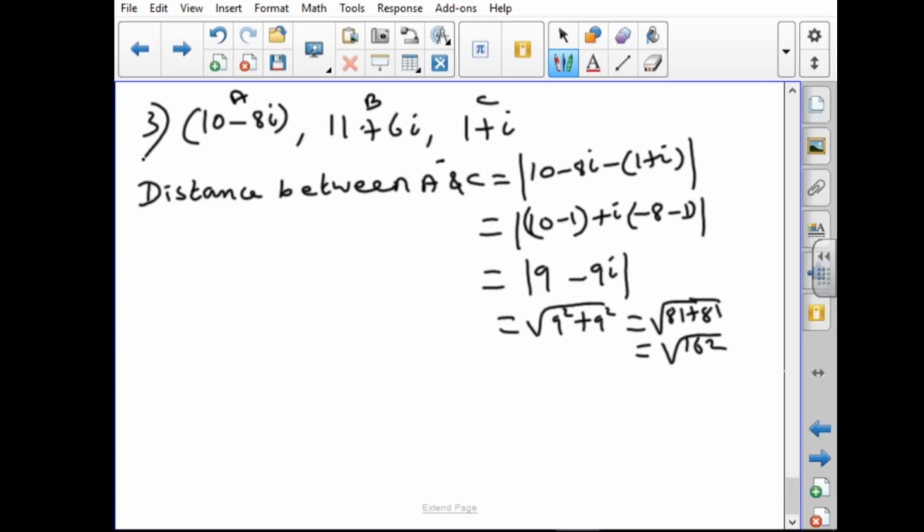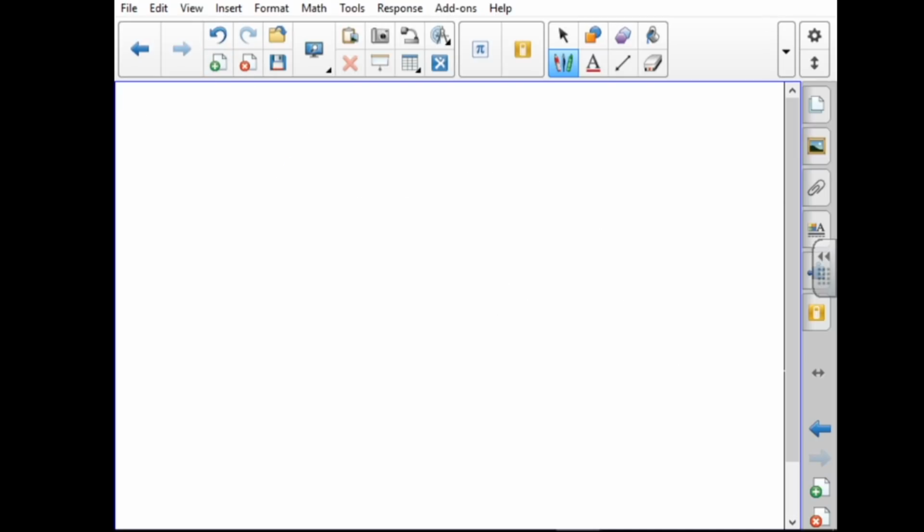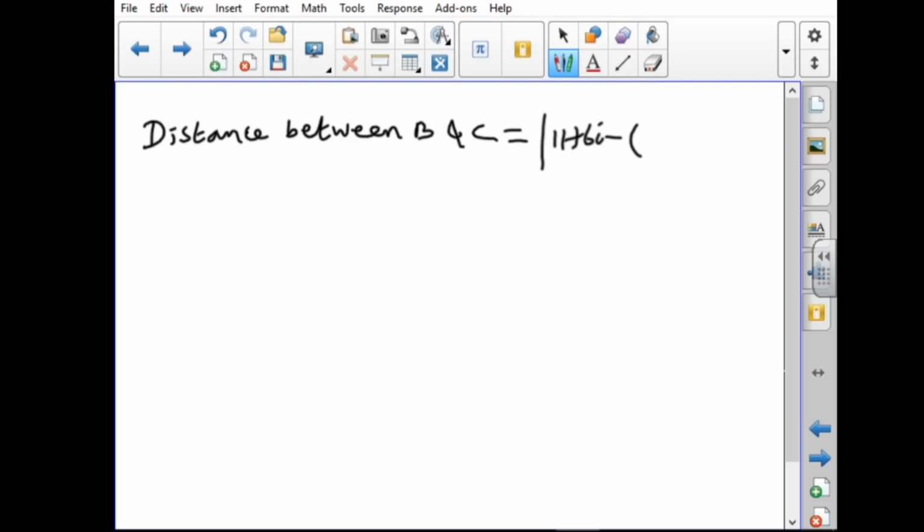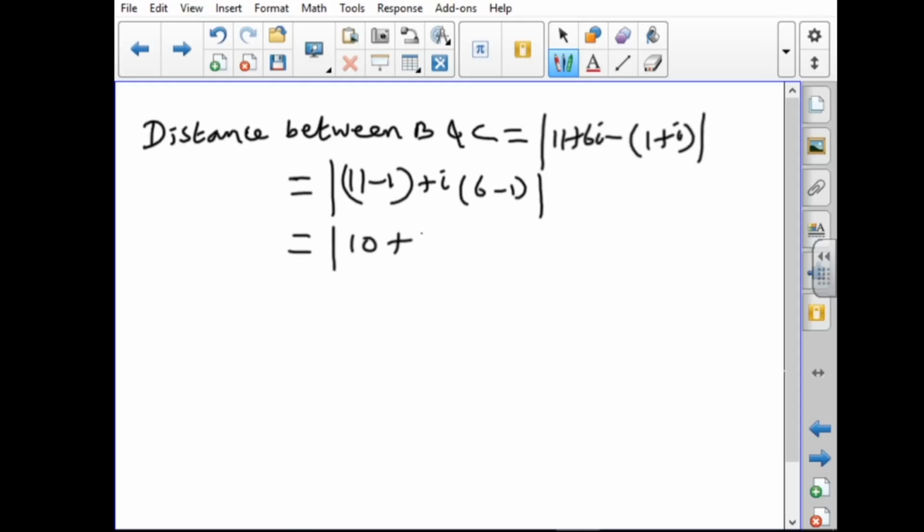Similarly, we have to find the distance between B and C. So distance between B and C is equal to modulus of 11 plus 6i minus (1 plus i). So it is equal to modulus of (11 minus 1) plus i into (6 minus 1), which is modulus of 10 plus 5i.